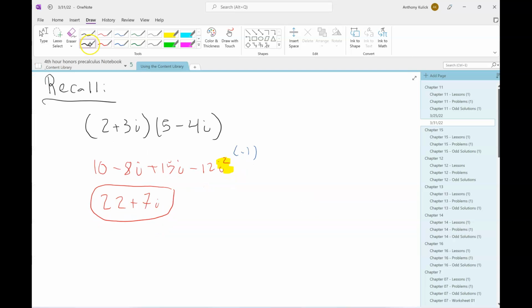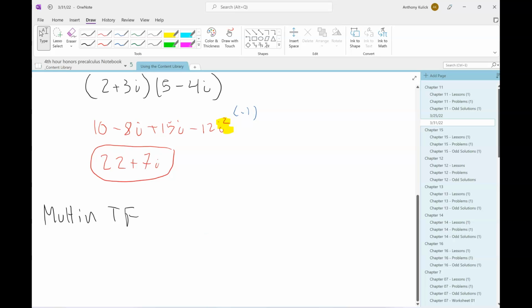Now, what if I wanted to do this multiplication problem in trigonometric form? Well, let's say we have 2 complex numbers. I'll call them Z1 and Z2.